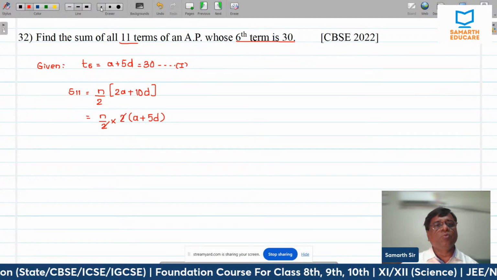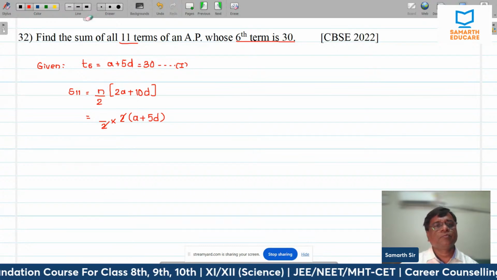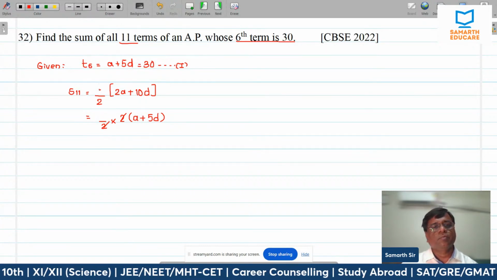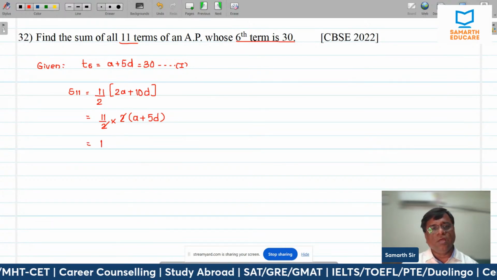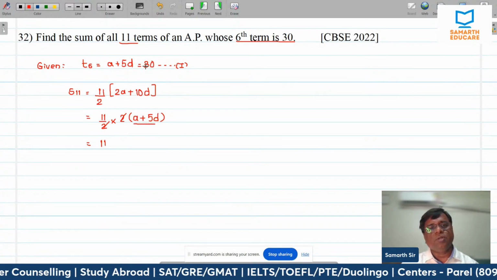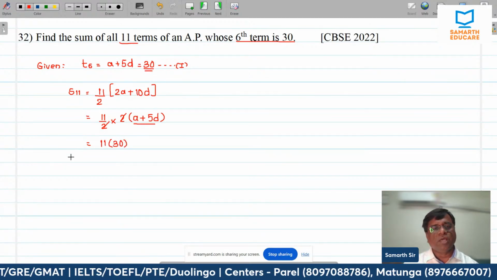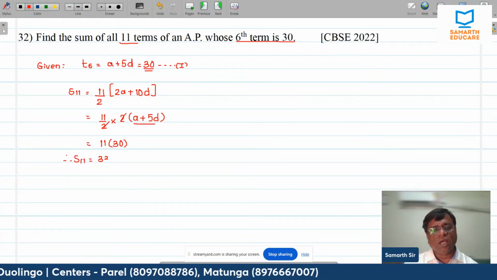Remember one more thing, the value of n is 11. Okay. Now, 11 into, look at this, a plus 5d. They have already given a plus 5d is 30. So my answer, the sum of 11 terms, is 330.